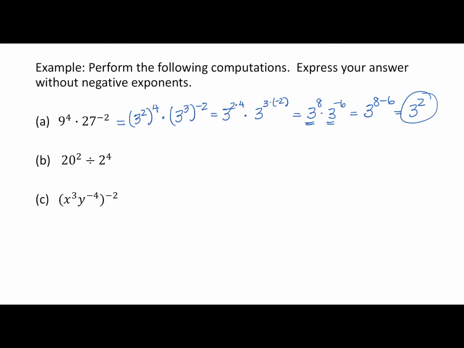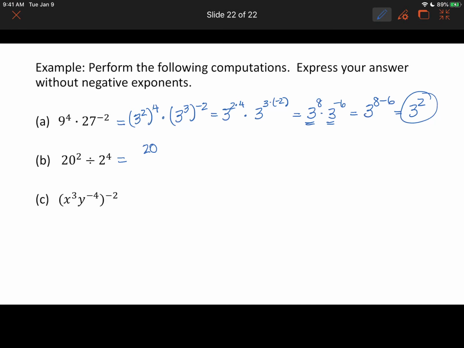How about 20 squared divided by 2 to the 4th? Let's factor 20 first. 20 factors as 4 times 5, and 4 is 2 squared. So I have (2 squared times 5) all to the power 2, and I'm going to rewrite the division as a fraction here, divided by 2 to the 4th.